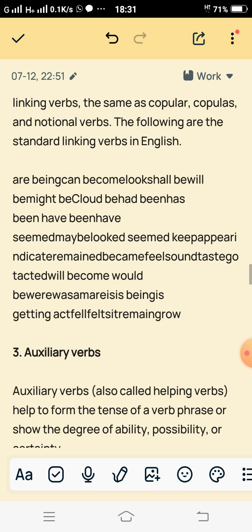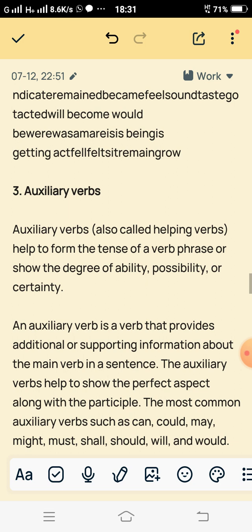So now I explain to you auxiliary verbs. What are auxiliary verbs? Auxiliary verbs, also called helping verbs, help to form the tense of a verb phrase, or show the degree of ability, possibility, or certainty.